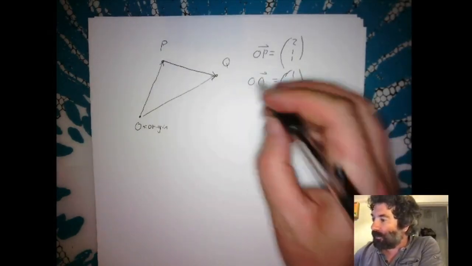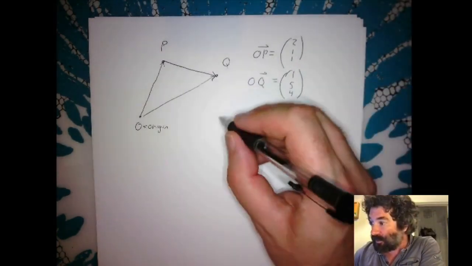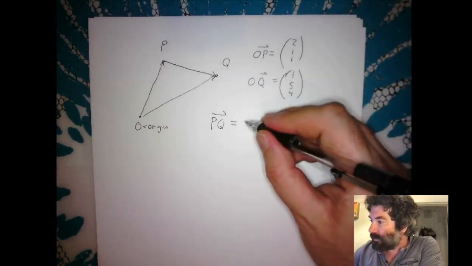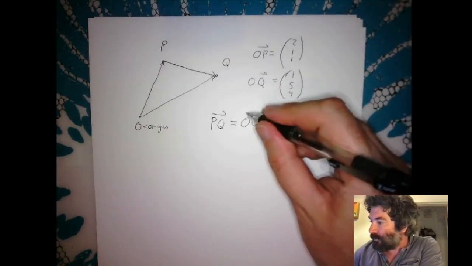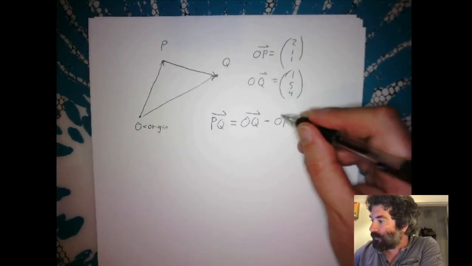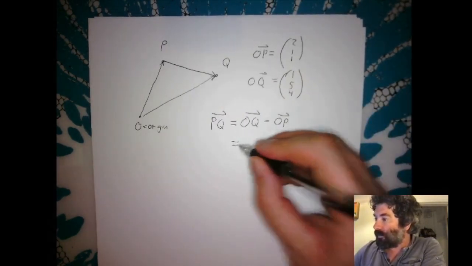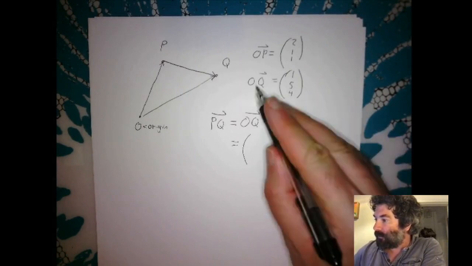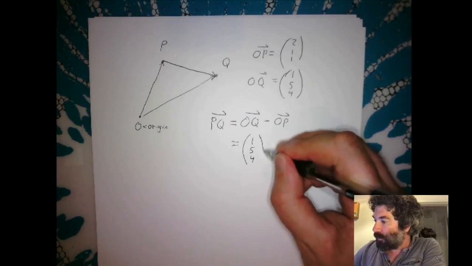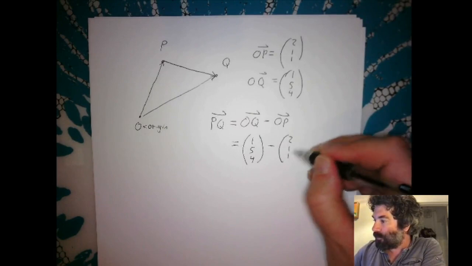And if you remember when we discussed the subtraction of vectors, the vector from P to Q will be given as the position vector of Q, the vector from the origin to Q, minus the position vector of P, the vector from the origin to P. So that is 1, 5, 4 minus 2, 1, 1.